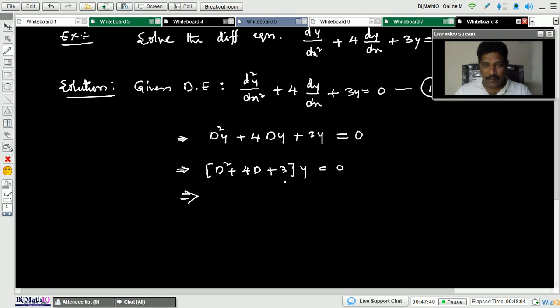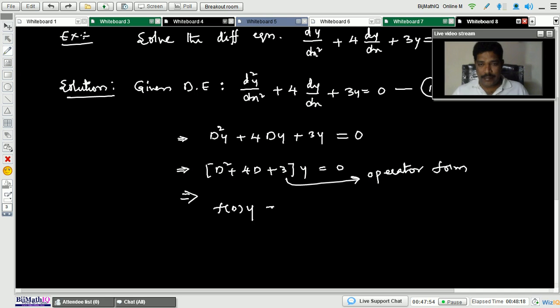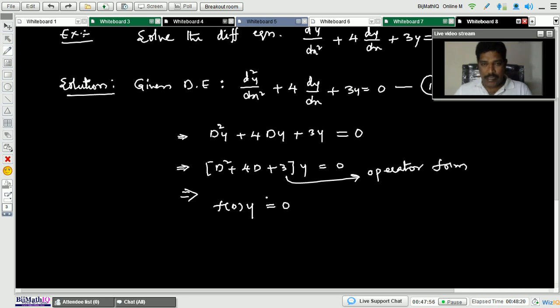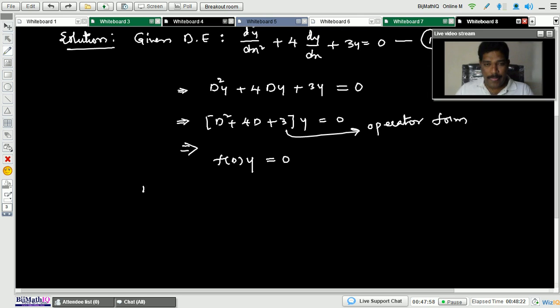This is the operator form, like f of D into y equals to 0. On comparing, f of D equals D square plus 4D plus 3.